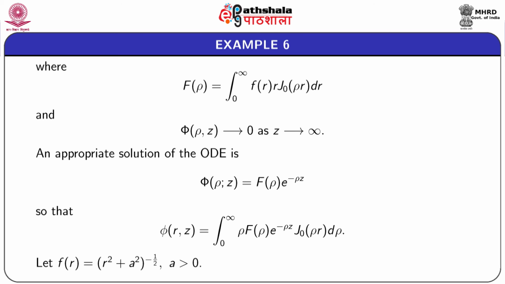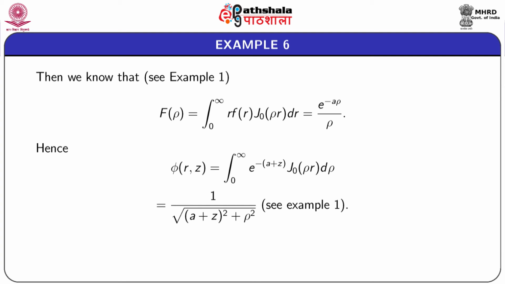Now, if f of r has the form root over r square plus a square to the power minus half, that is f of r equal to r square plus a square to the power minus half for a positive, then we know from example 1 that capital F of rho, the Hankel transform of the function small f of r, which is integral from 0 to infinity r f of r J naught rho r dr, is equal to e to the power minus a rho by rho.